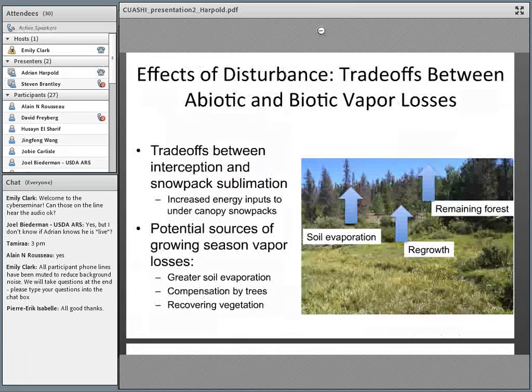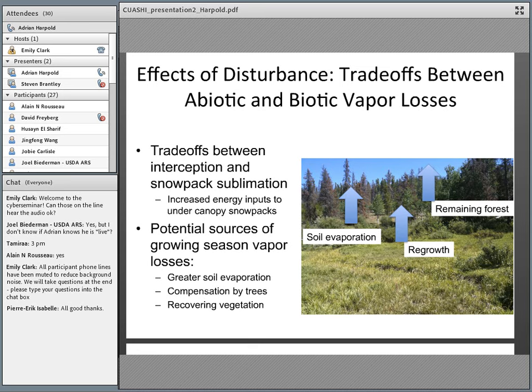Well, why is that? Well, I showed, hopefully convincingly, that we're seeing some trade-offs between interception and snowpack sublimation that aren't really increasing water inputs to the system. And we also see some evidence through water isotopes of soil evaporation increasing in the post-disturbed system. But really, the riddle remains somewhat unsolved.